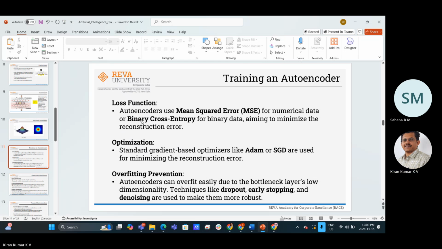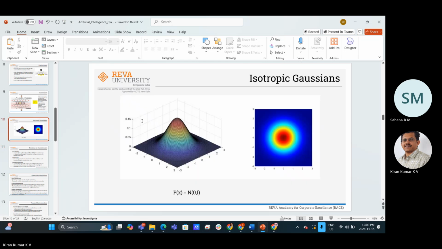We'll learn the rest. These are some of the parameters we'll be playing with in autoencoders. The main one is that a normal Gaussian curve becomes a normal distribution when mean equals 0 and standard deviation equals 1.